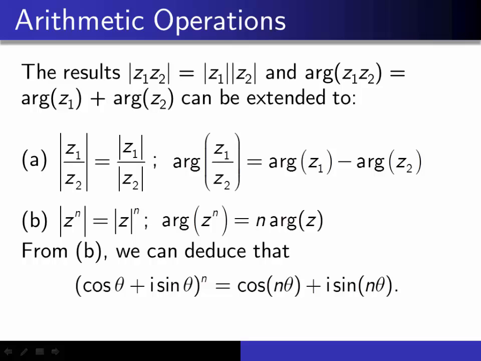Because on the left-hand side, this is actually z to the power of n if my r equals 1. On the right-hand side, because I knew that the argument of z to the power of n is n times theta, n times the argument of z, I can therefore also write this. The modulus is still 1, so there's no r that appears.